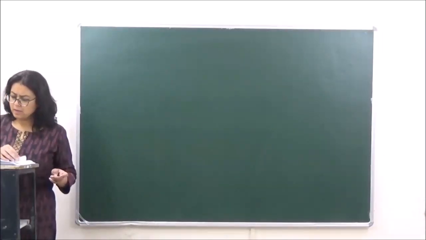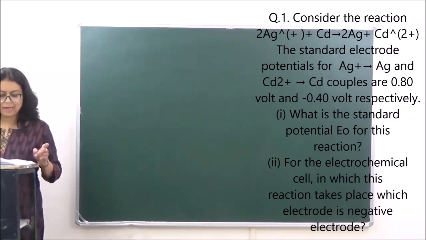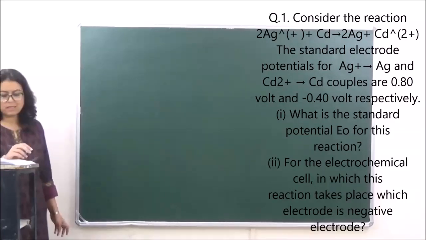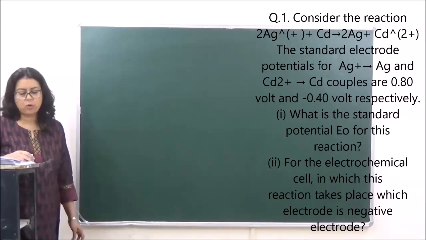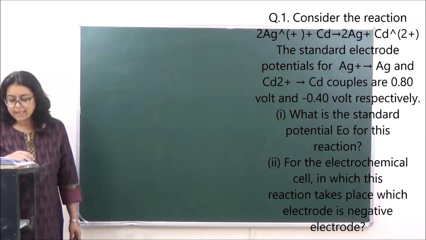The first question is: consider a reaction 2Ag positive plus Cd to give 2Ag plus Cd2 positive. The standard electrode potentials for Ag positive to Ag and Cd2 positive to Cd couples are 0.80 volt and minus 0.40 volt respectively. What is the standard electrode potential for this reaction?